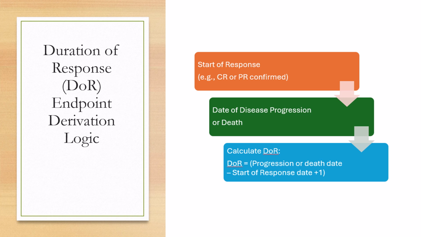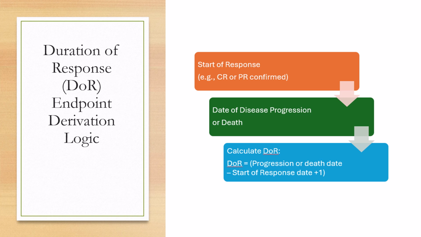These definitions are coming from RECIST guidelines, so make sure if you are following these definitions, then you are using the RECIST guideline in your study. The time to progression is the time from the initial response until disease progression happens. And another key variable is the death.